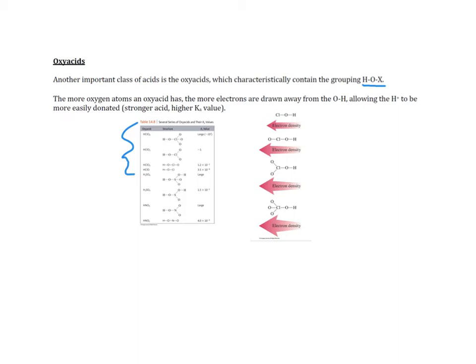The more oxygens in the acid, the more the electrons are drawn away from that hydrogen bonded to the oxygen. So that means it's easy to remove that hydrogen ion, that proton, for it to be an acid.